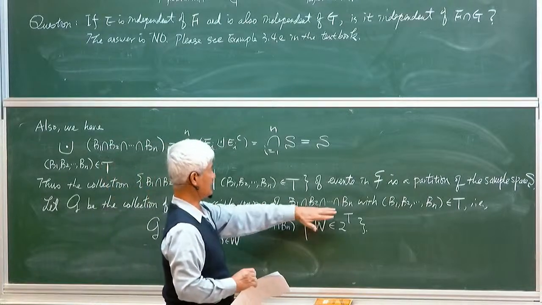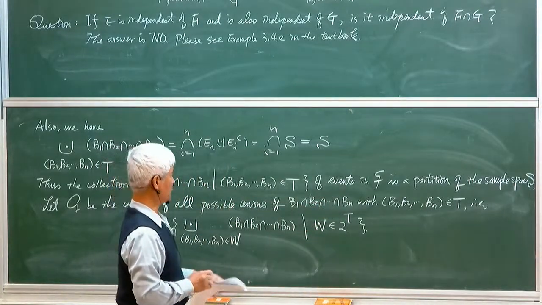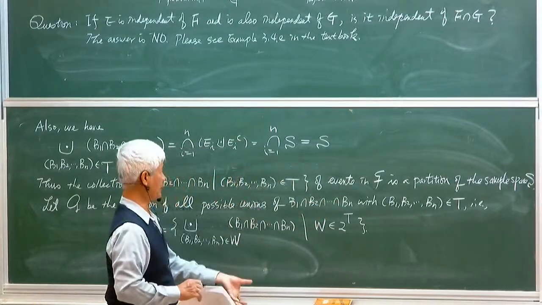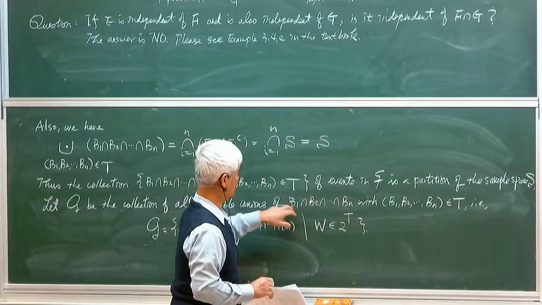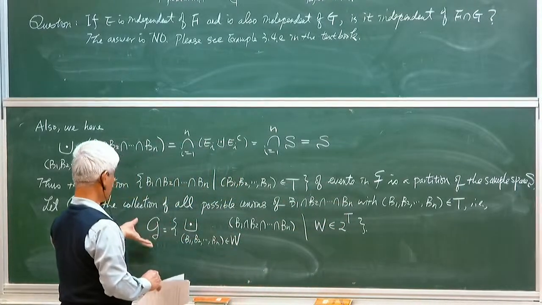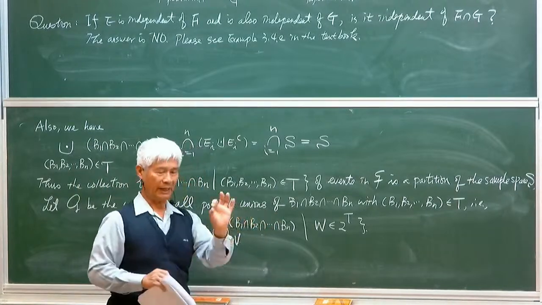And because they are disjoint, we use these intersections as building blocks, especially the non-empty intersections. Basically they are building blocks, even though some of them will be the empty set.